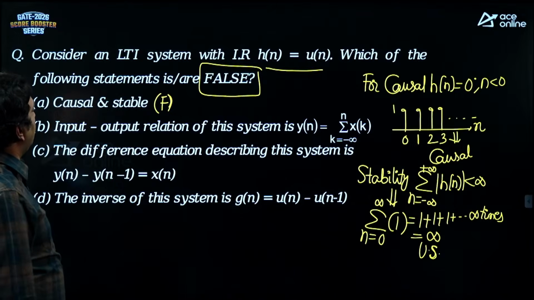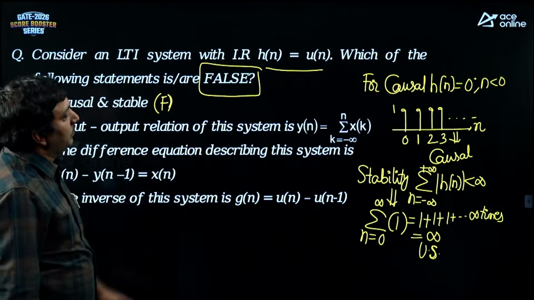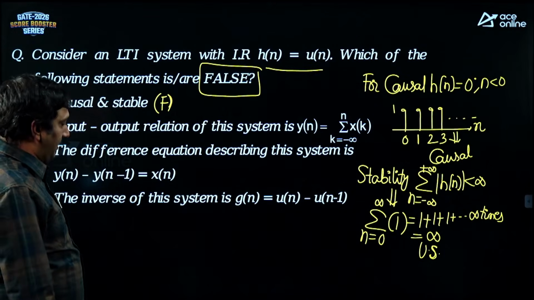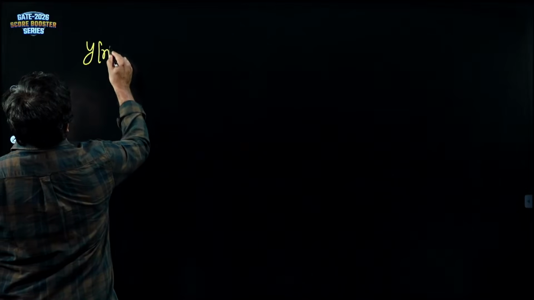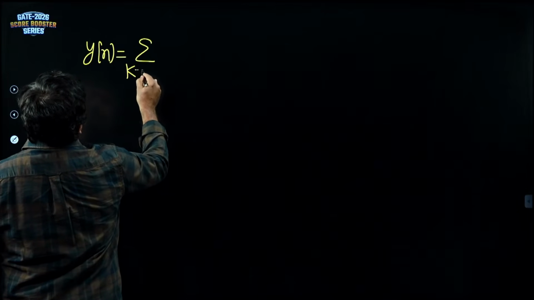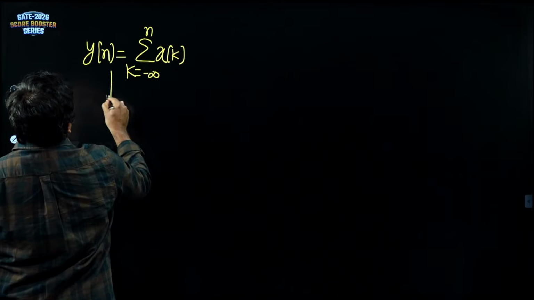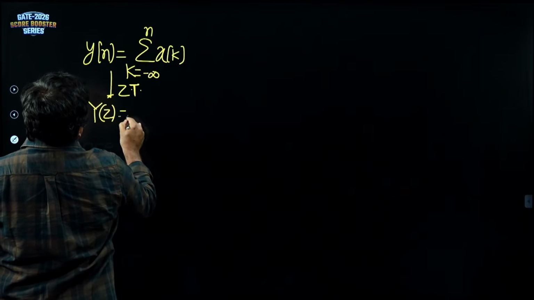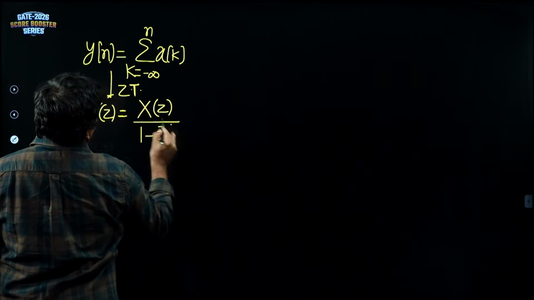Option B states that the input and output relation of the system is given by y[n] equals sigma x[k]. Let us see. y[n] equals sigma from minus infinity to n of x[k], that is an accumulator. When you solve its Z transform using the accumulation property, Y(z) is X(z) by 1 minus z inverse.